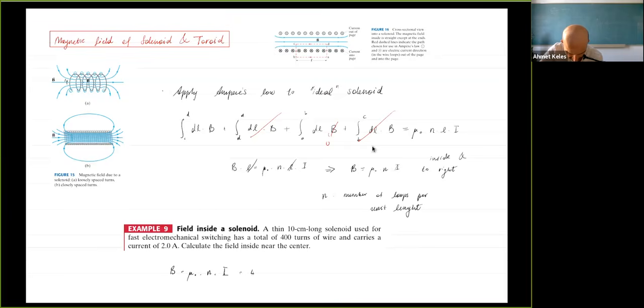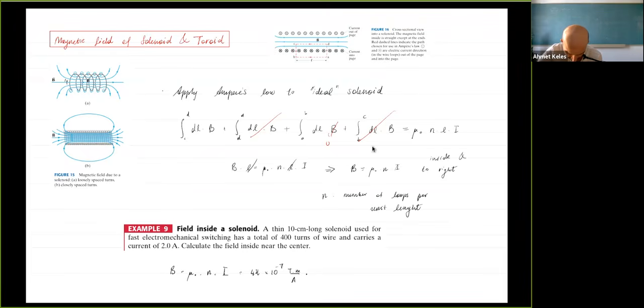So mu0 is 4 pi times 10 to minus 7, and this should be in Tesla times meter per ampere. n is what?